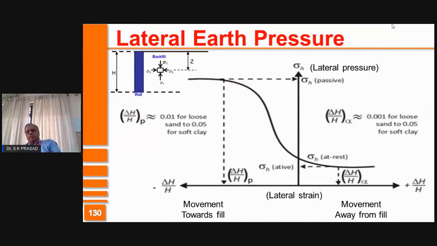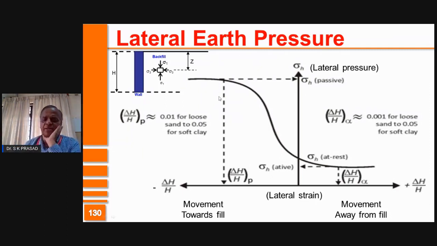Well, we can express the three conditions, active, passive, and at rest, in terms of lateral strain and lateral pressure. Lateral or earth pressure, okay? Two extreme cases are when it is in the active situation and when it is in the passive situation. The at rest condition is when there is no lateral strain.